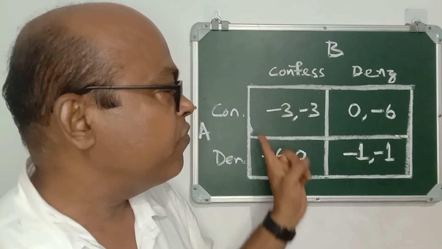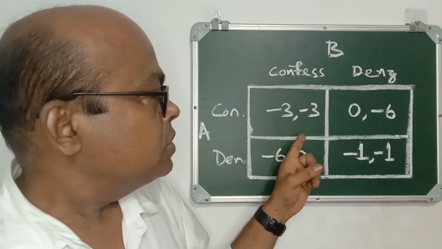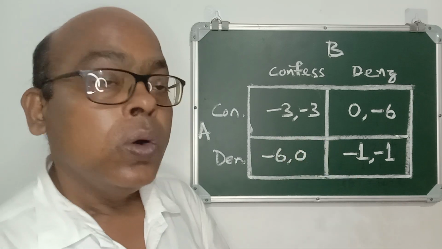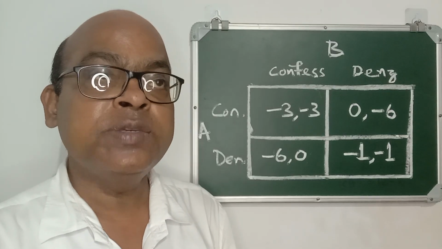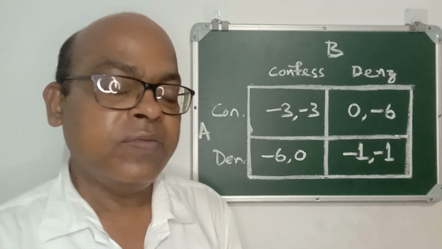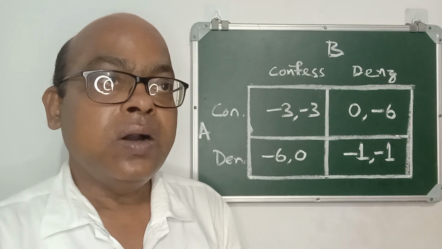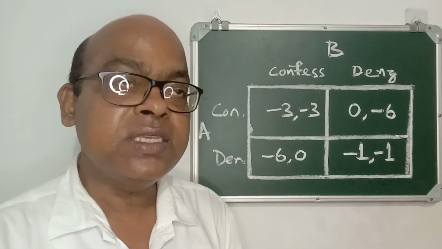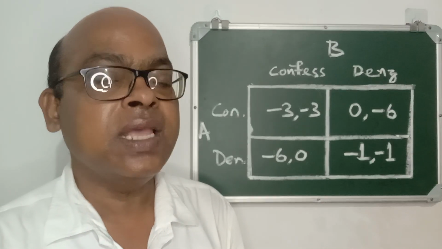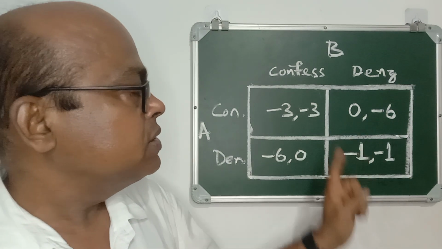In this payoff matrix, there are some payoffs which may favor prisoner B, and some which may favor prisoner A. So when the authority asks about the crime, they have to confess or they have to deny. Look at the payoff matrix.